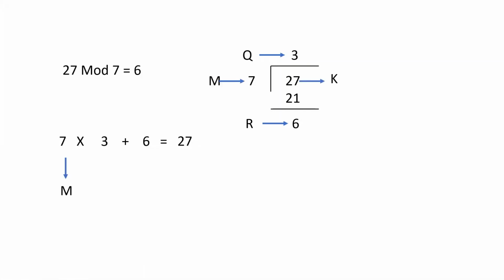So you can replace those numbers now. The number with which we are finding the mod is indicated as M, right? 27 mod 7, so we are replacing it as M. Then M multiplied by the quotient, plus the remainder, gives back the number 27.